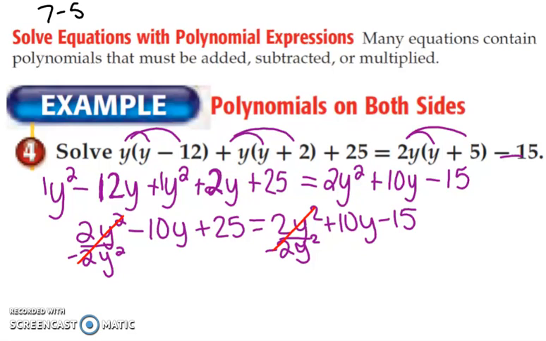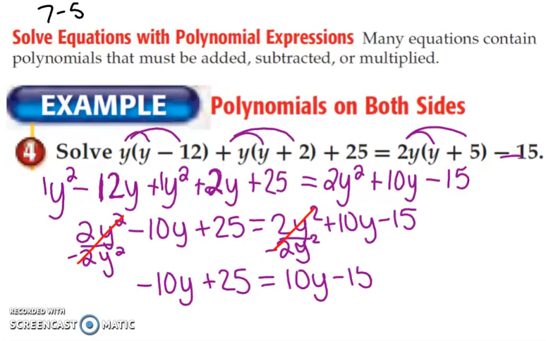So we don't have to worry about solving an equation with a y squared in it. So now we're going to move forward, and on this side I have negative 10y plus 25, and on the right side I have 10y minus 15.